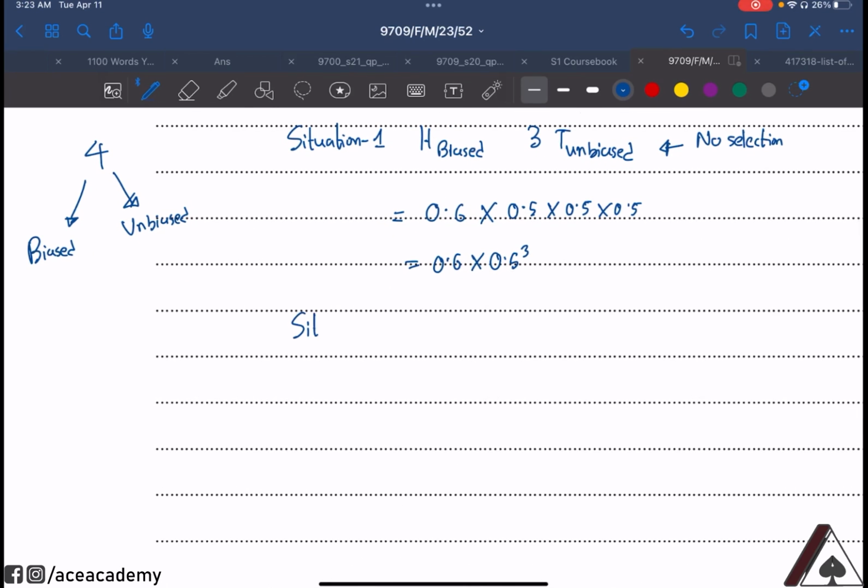Okay, then there's situation 2. The head that we will obtain is unbiased, while 2 tails will be unbiased, and there will be 1 tail which is biased. So let's find out the probability for situation 2.